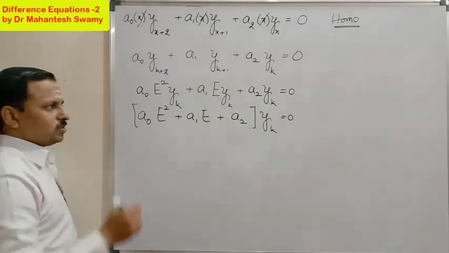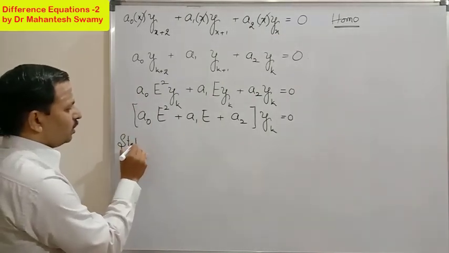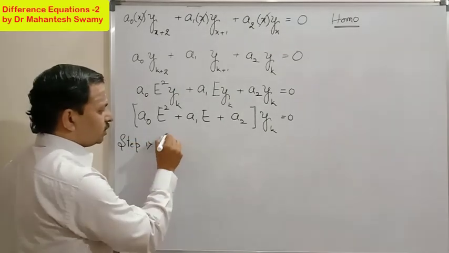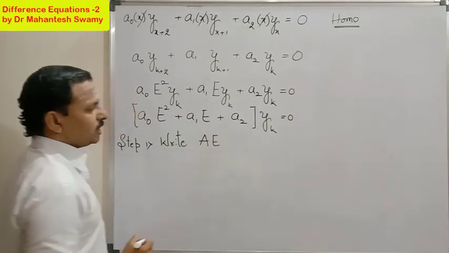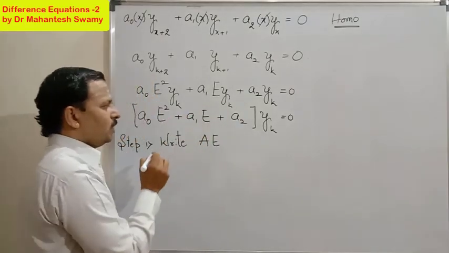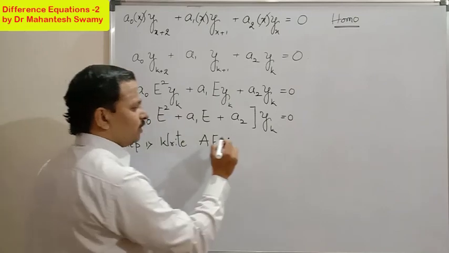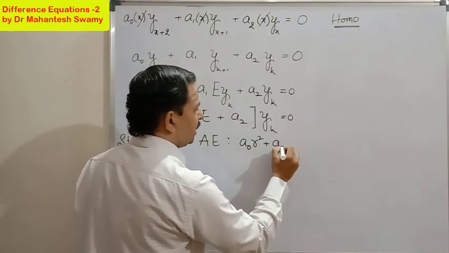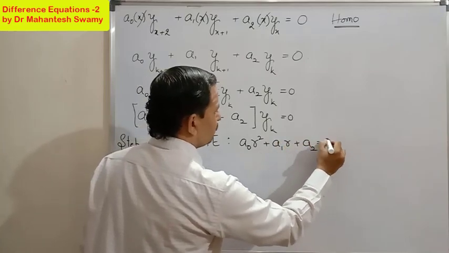After having this form, step number 1 in the method of solution is to write the auxiliary equation. It can be written simply by looking at the bracket: wherever E is there, we replace it by r, and everything else stays as it is. So it is a0 r squared + a1 r + a2 = 0.